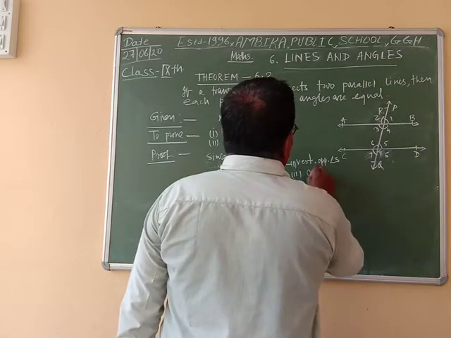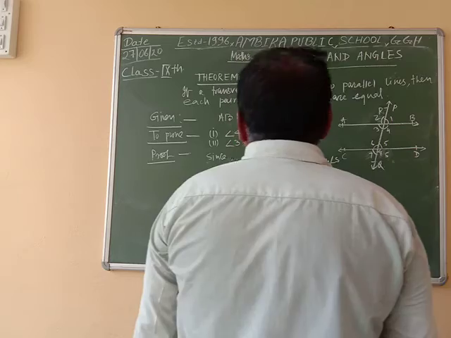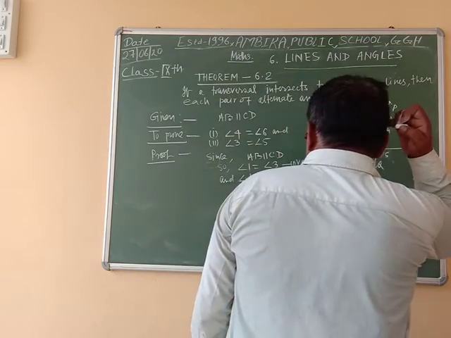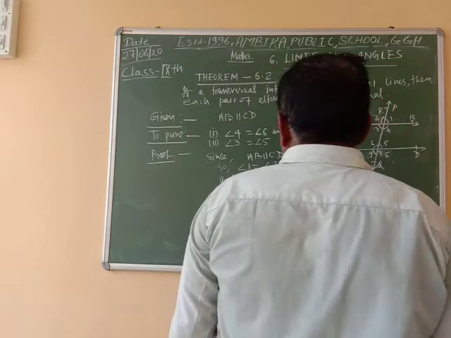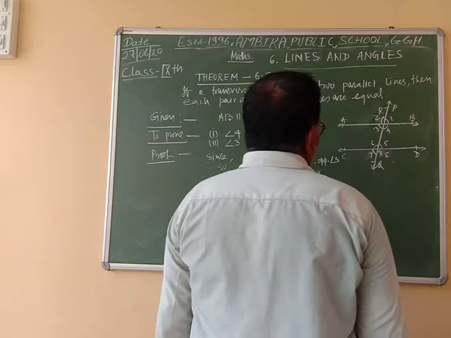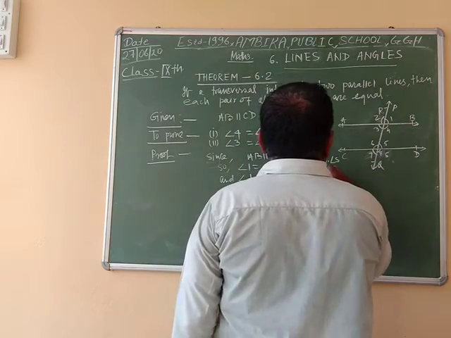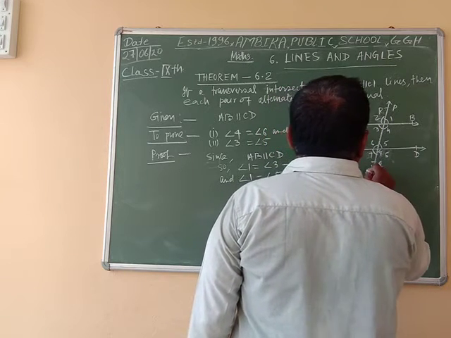Corresponding angles, because we have learned in theorem 6.1, if two lines intersect, vertically opposite angles are equal. And angle 1 is equal to 5, corresponding angles.